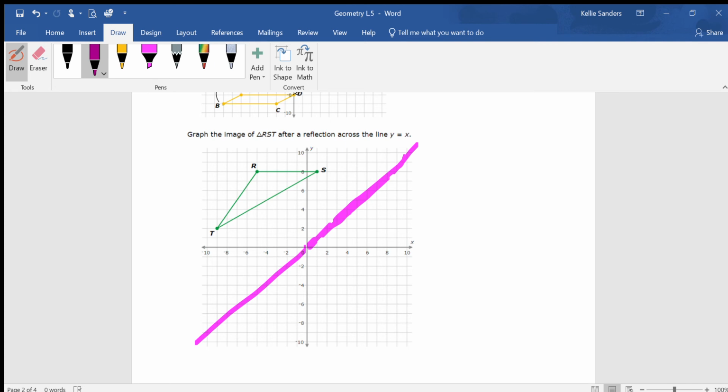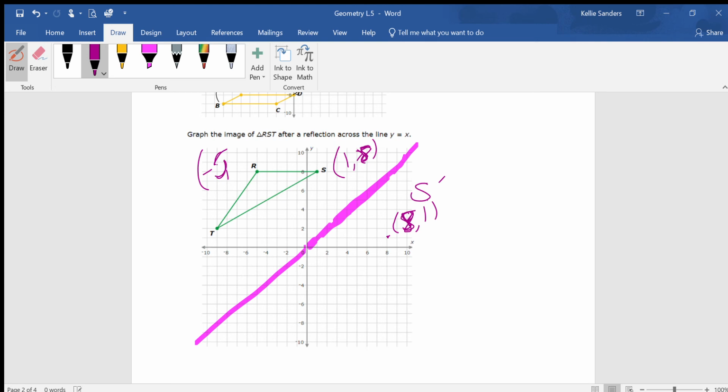Now S right now is at 1, 8. And if you had it on a piece of paper, S prime is going to end up at 8, 1. Okay, that would be S prime. R is at -5, 8.